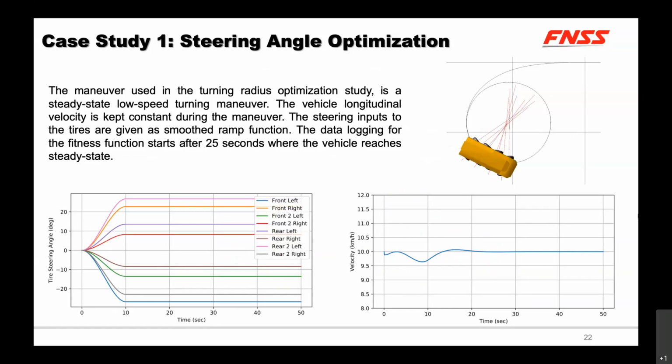And we keep our vehicle velocity constant at 10 kilometers per hour. We are only interested in the steady state part, so we are not interested in the beginning phase of the simulation. We are disregarding the first 25 seconds of the simulation and taking the results of the last 25 seconds.